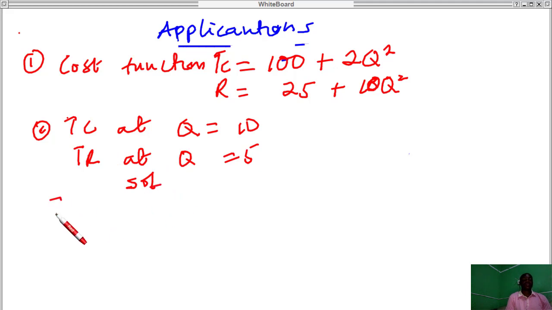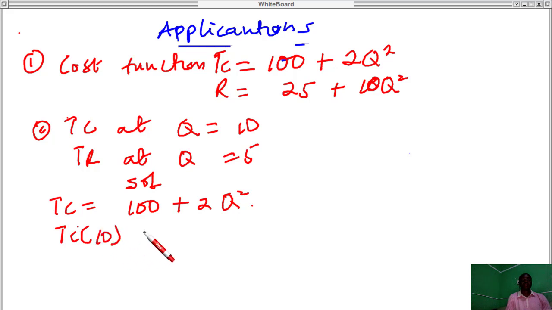write total cost is equal to 100 plus 2Q squared. So now we have to find the total cost of 10 output. Where we see Q, we put 10 there. So it will be 100 plus 2 times 10 squared, and squared means the number times itself.